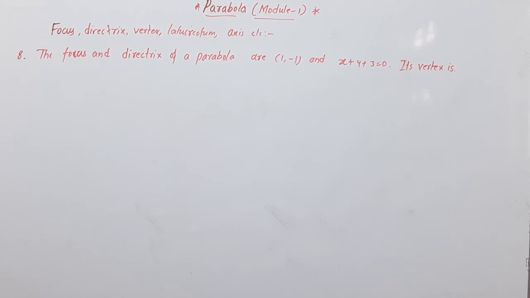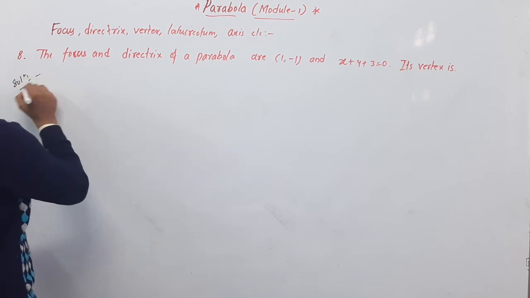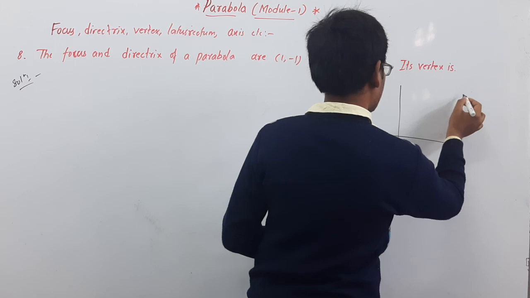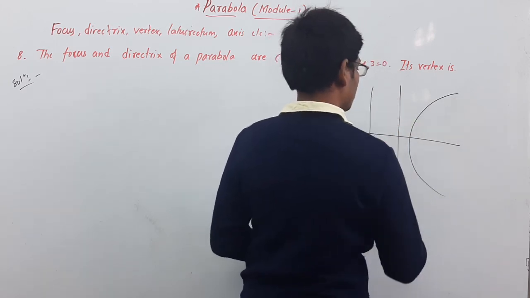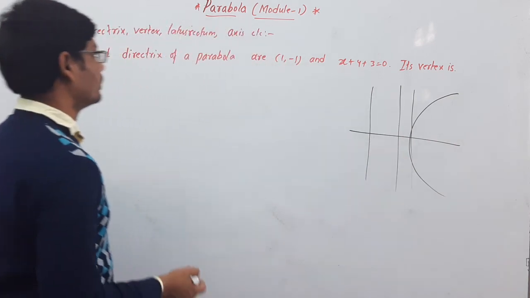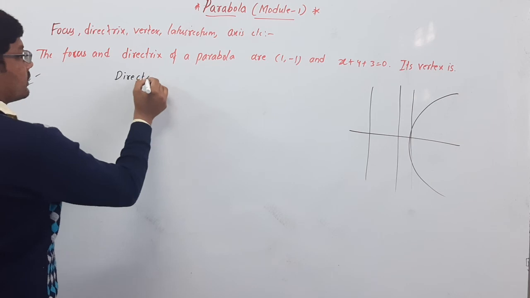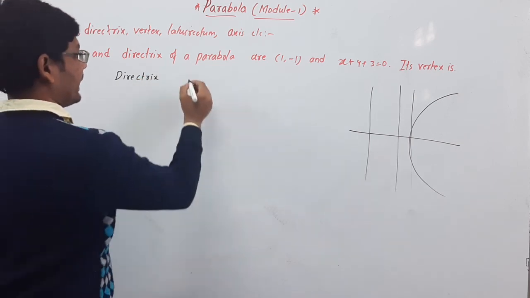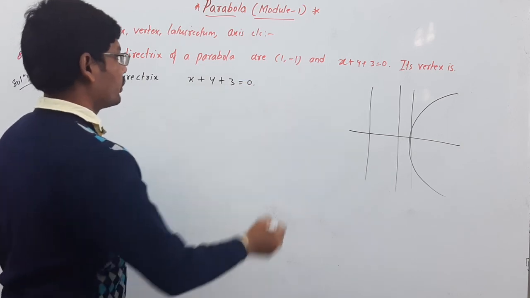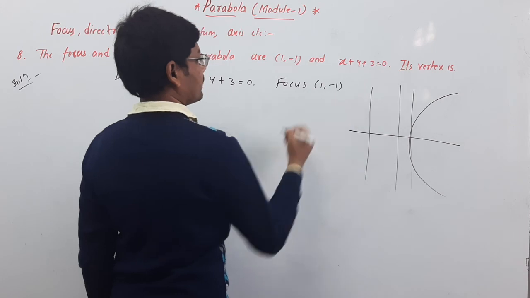And the solution for this one is: if you go through the diagrammatic representation, this is a parabola, and this is a directrix, this is the vertex line, this is the axis line here. So here the directrix is given: x plus y plus 3 is equal to 0, and the focus is (1, minus 1).